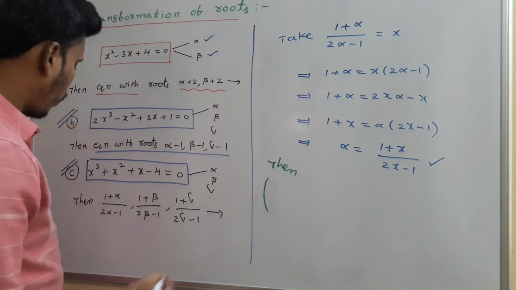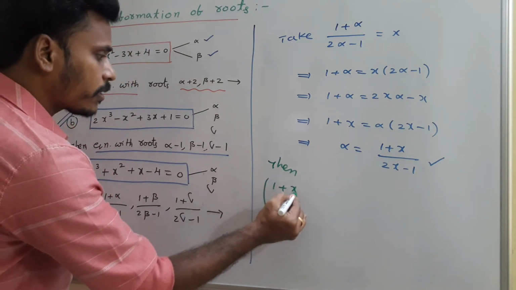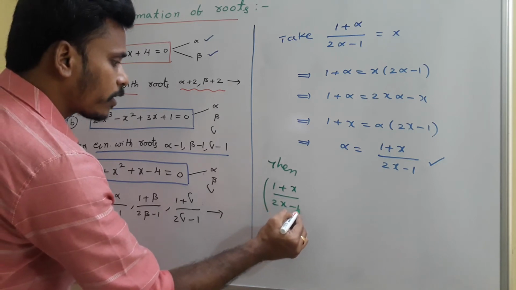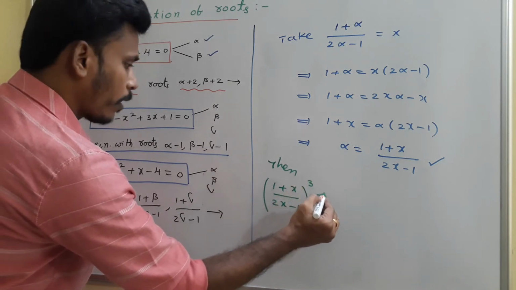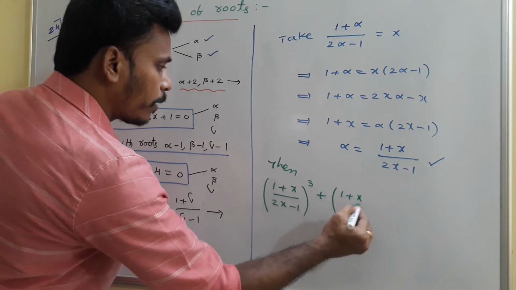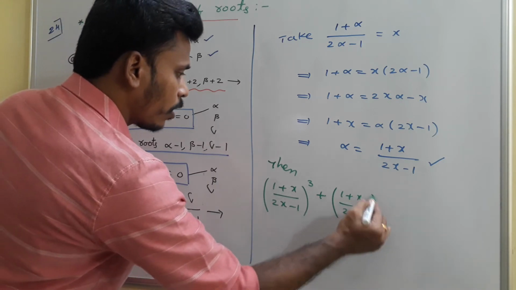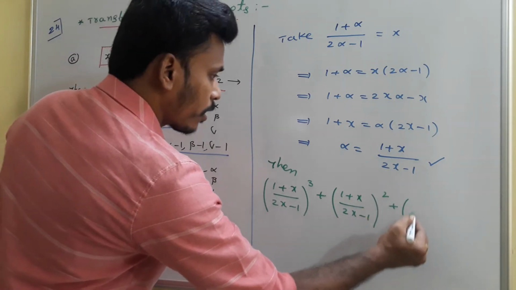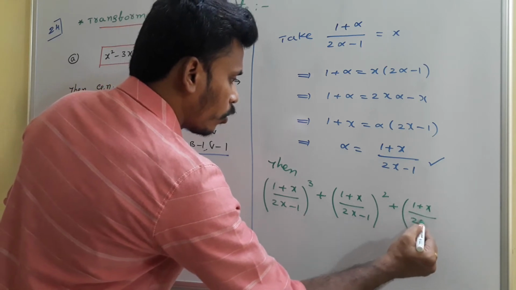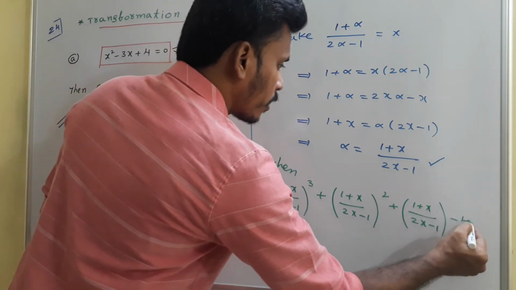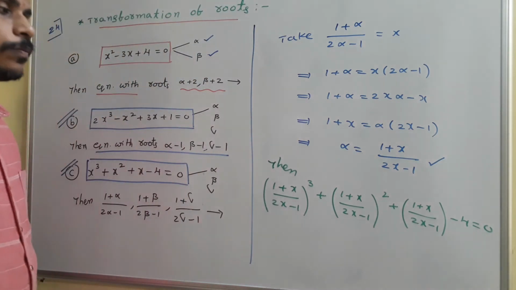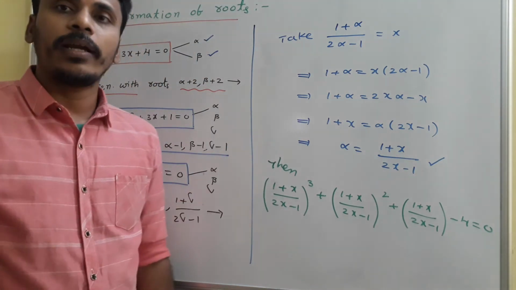Then the required equation is this: ((1 plus x) by (2x minus 1)) whole cube plus ((1 plus x) by (2x minus 1)) whole square plus (1 plus x) by (2x minus 1) minus 4 is equal to 0. That is the required equation.